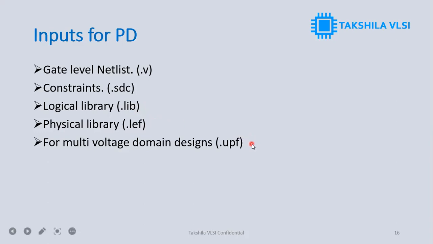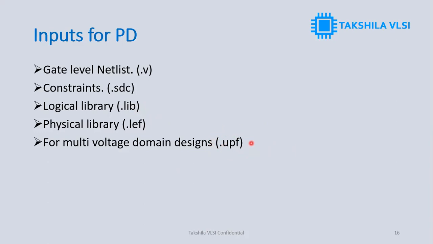Next is the multi-voltage domain file or UPF file, unified power format. This file contains the complete voltage domain information. If you are working on a single voltage domain, there is no need for a UPF file. But if you are working on multiple voltage domains, you need to load the UPF file.